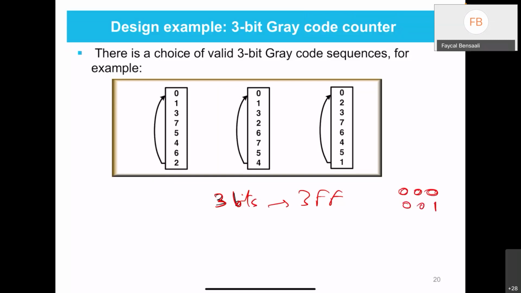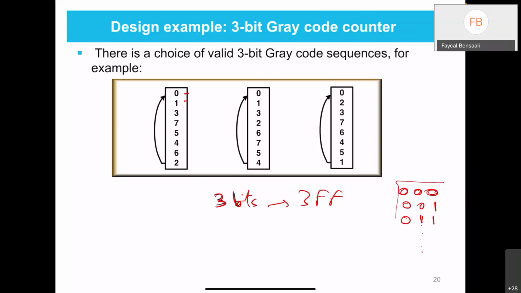So this is a possible next state. And then the next one could be 1, 1, 0. So I'm changing only the middle one, not the first. This is the Gray code. When we go from one state to the next one, we are allowed to change only one of the bits. By doing this, I can have multiple sequences, right?